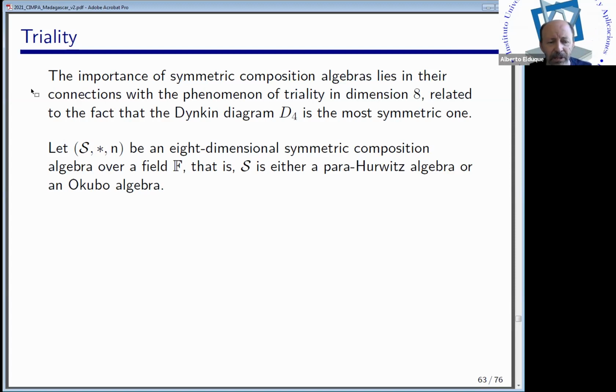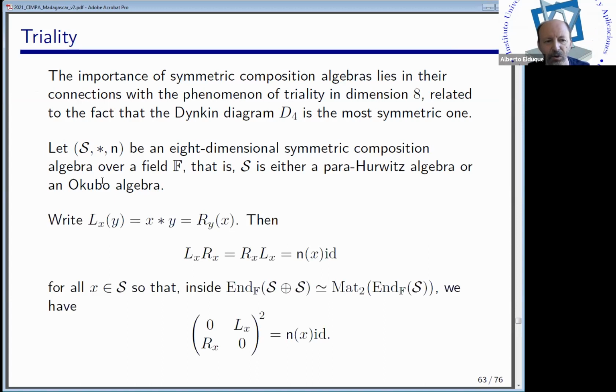So if we start with an 8-dimensional symmetric composition algebra, so either para-Hurwitz or Okubo in dimension 8, there are no other possibilities, with multiplication denoted by the star, consider the left and right multiplication by an element x.